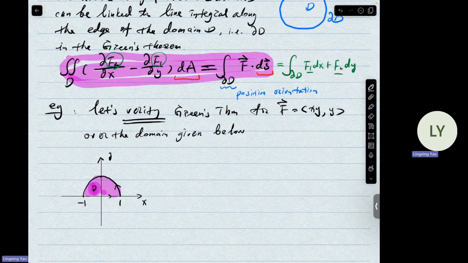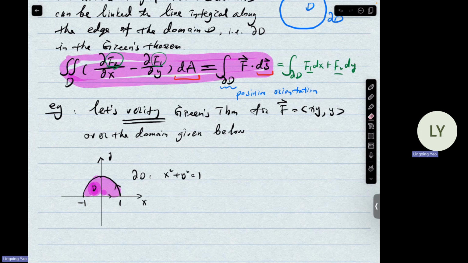Obviously this domain D has an edge which is a part of a circle. Well, this is the whole circle, but for this domain, the edge has two pieces.